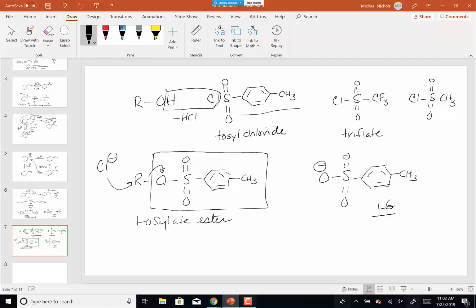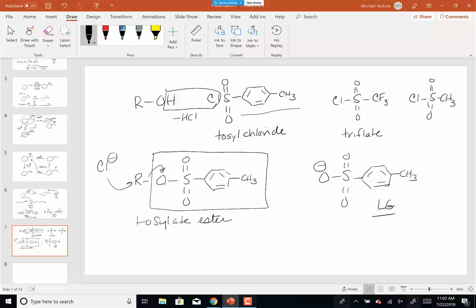And why is the tosylate group an excellent leaving group? Well, what makes an excellent leaving group? Something that is a poor base. Let's go back to the beginning. Leaving group ability is based on one thing: basicity, inversely.